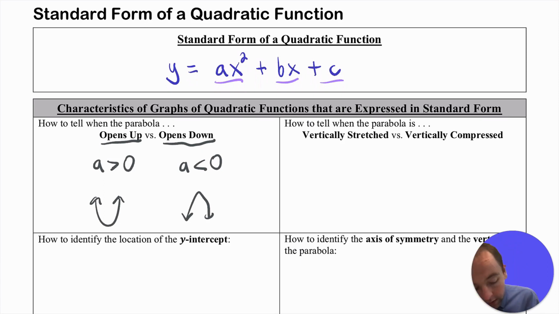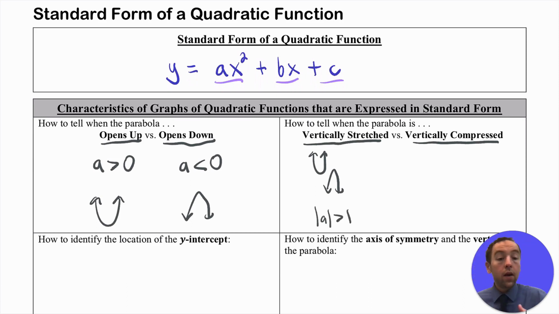And then also very similar to what we've seen previously, your graph is going to be vertically stretched, so skinnier than normal, whenever the absolute value of a is greater than 1. So that's when you have positive numbers larger than 1, or when you have negative numbers less than -1, of course.